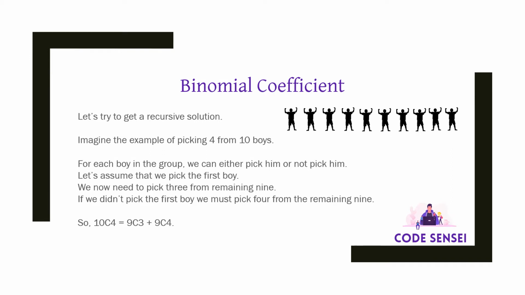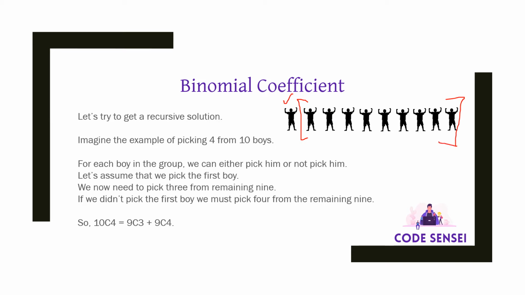So let us try to get a recursive solution here. Imagine the example of picking 4 from 10 boys. For each boy in the group, we can either pick him or not pick him. Let's assume that we pick the first boy. The number of remaining boys is 9, right?